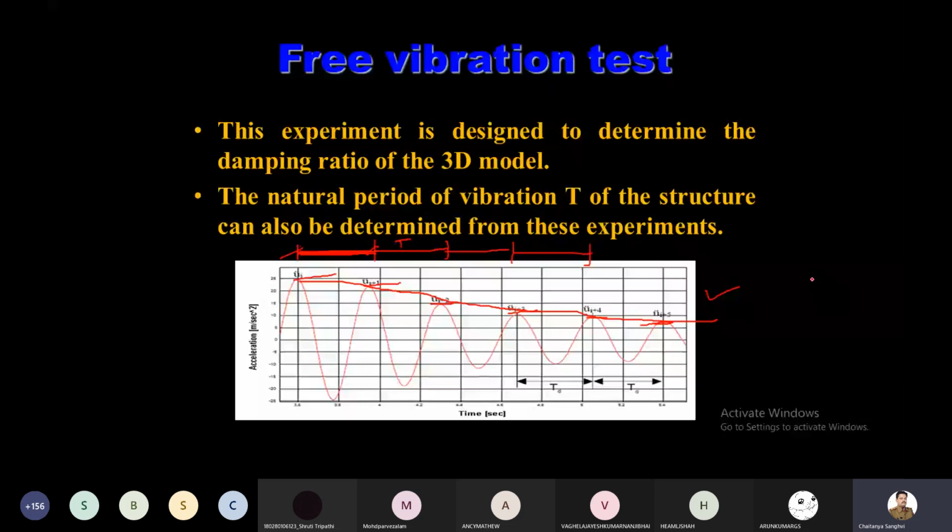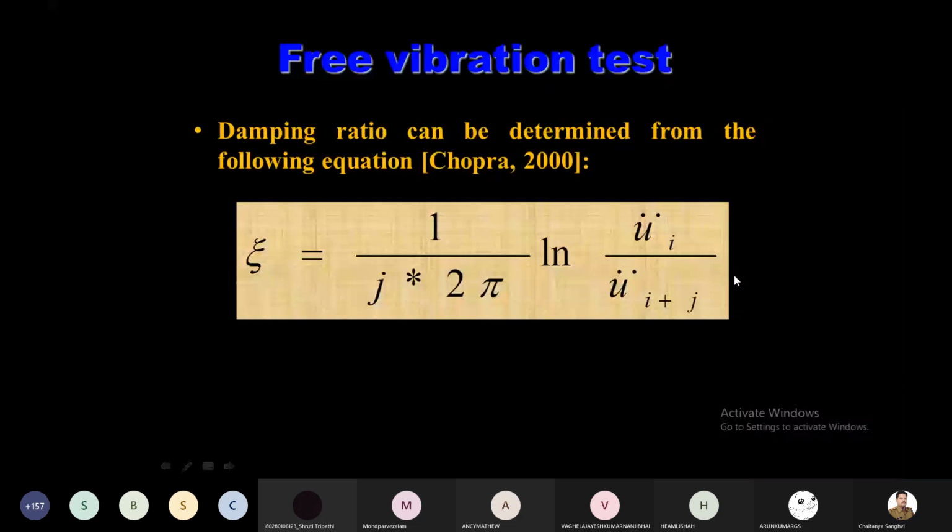Because the amplitude is reducing from cycle to cycle, damping is present, and therefore you can measure the damping, meaning how much energy is absorbed in each and every cycle. This is the equation given in the book Structural Dynamics by A.K. Chopra. You can use this equation, where we are talking about the acceleration in two consecutive cycles.